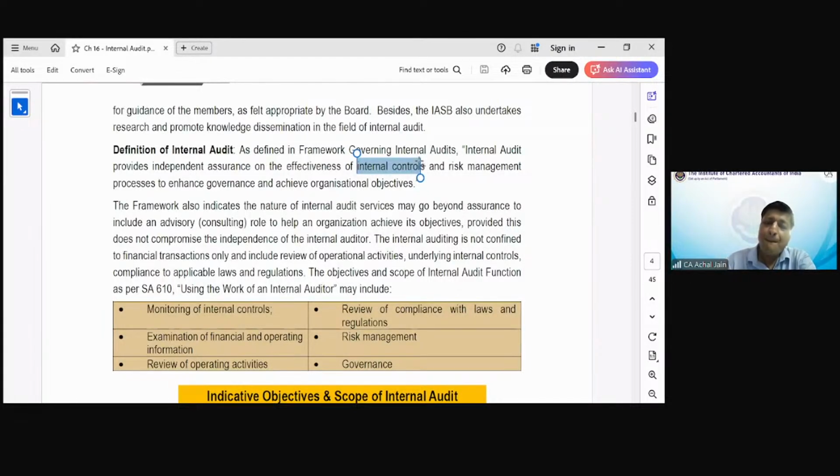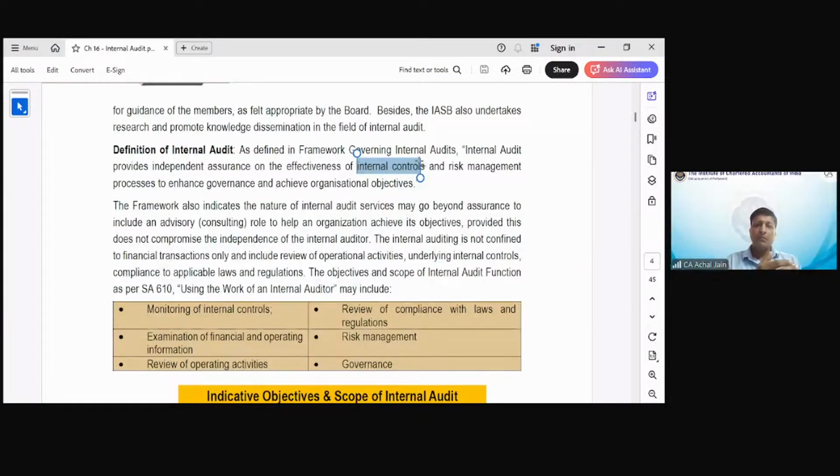Now, for all of these controls, for all of these identified risks, a process needs to be put in place so that each and every risk is mitigated as far as any activity of the entity is concerned. Number one. Number two, it's not only about documenting these policies, procedures, or controls.